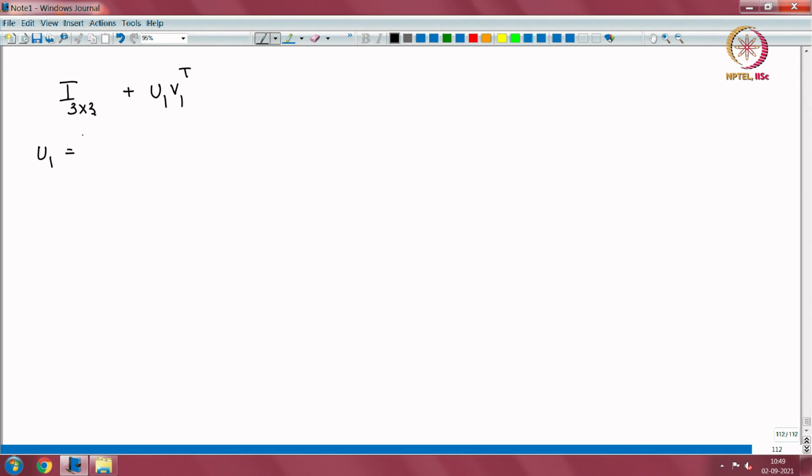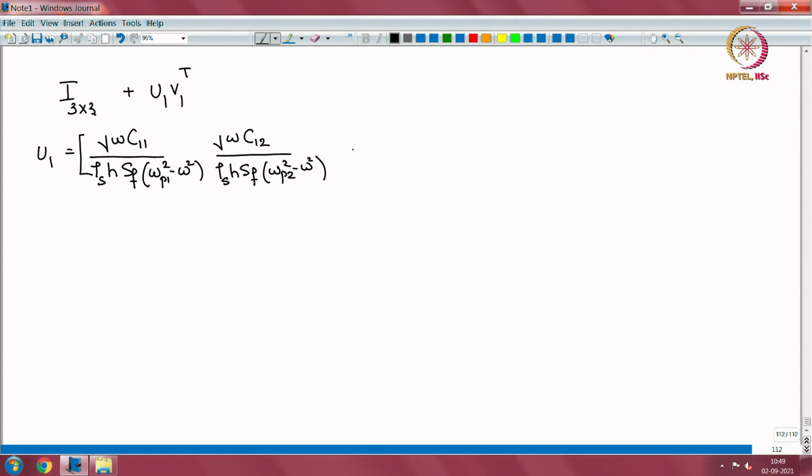U1 is given by j omega c11 by rho s h s f into omega p1 square minus omega square, j omega c12 divided by rho s h s f omega p2 square minus omega square, and the third term is j omega c13 by rho s h s f omega p3 square minus omega square, transpose. Okay, we will consider it to be vertical.